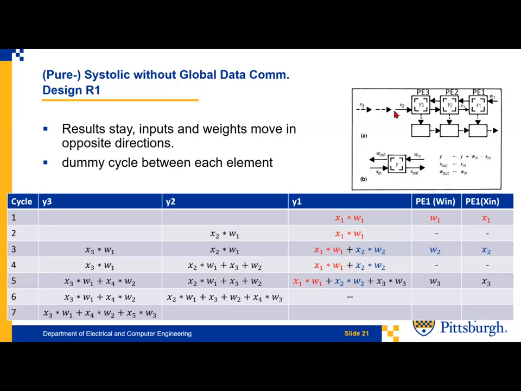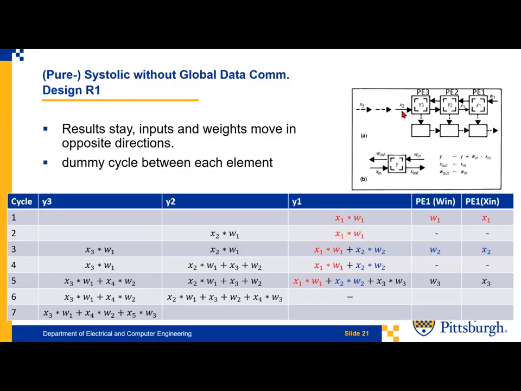It means the model weight will propagate from the right-hand side to the left-hand side, and the input will propagate from the left-hand side to the right-hand side, going through all the processing element arrays.